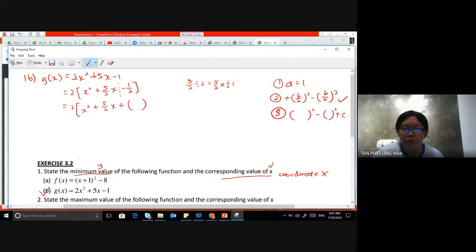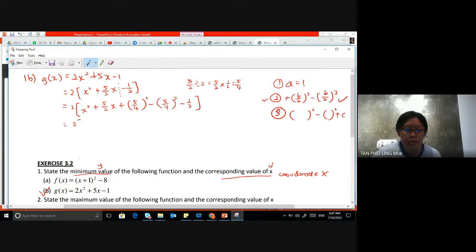So I'm getting 5 over 4. Do you see that? This is my b over 2. So this is positive, I follow positive 5 over 4, and then square. And then I also minus 5 over 4 square. And then minus half. Is it okay? So now I have my second step done, which is plus b over 2 minus b over 2. Then copy back the negative half.